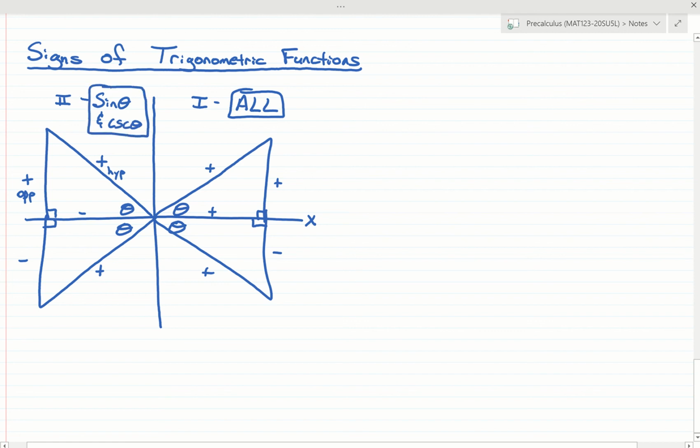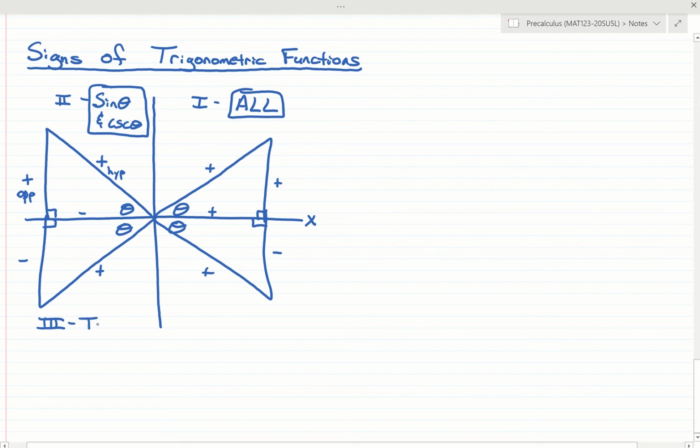How about in quadrant 3? Quadrant 3 is right here. What trig function would be positive here? Well, we have two negative sides and a positive hypotenuse. So sine and cosine would both be negative. You would have a negative over a positive. But what about tangent?